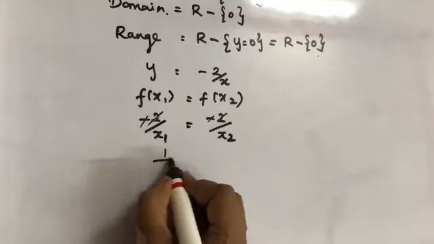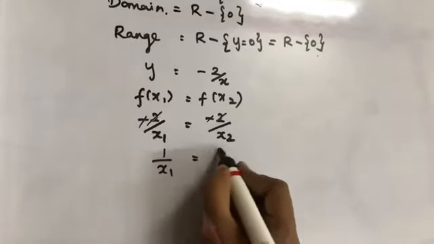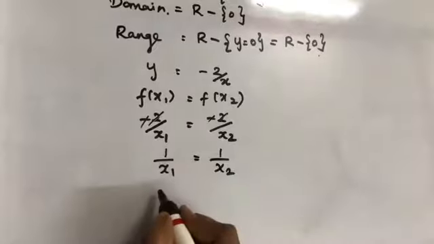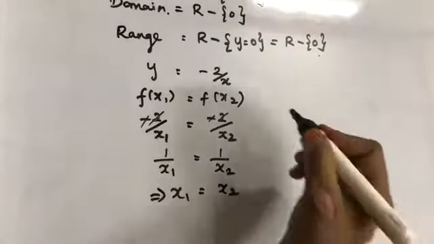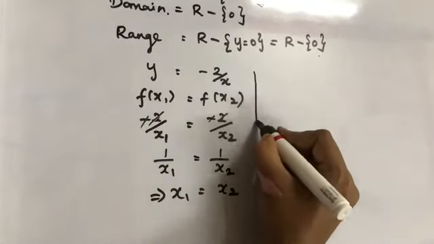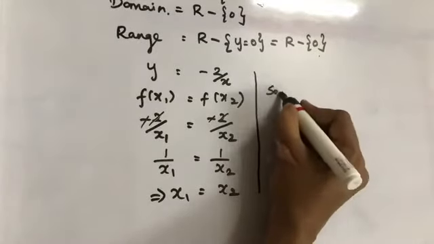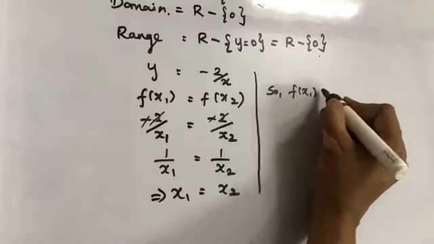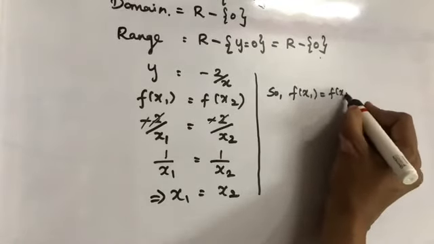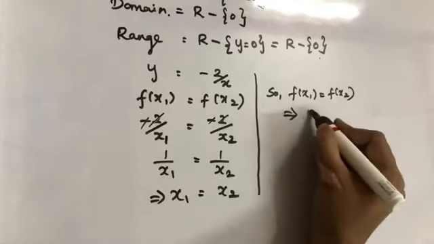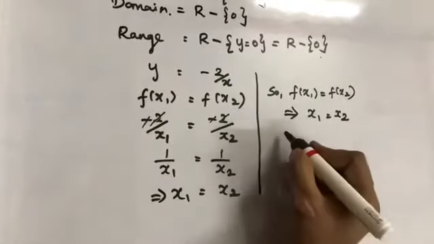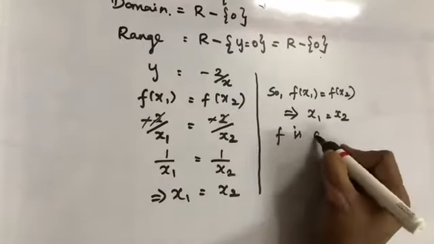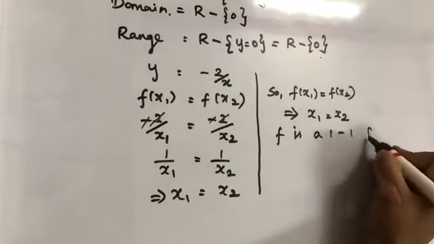So it is 1 by x1 is equal to 1 by x2. That implies x1 is equal to x2. So f of x1 equal to f of x2 implies x1 is equal to x2. So f is a 1-1 function.